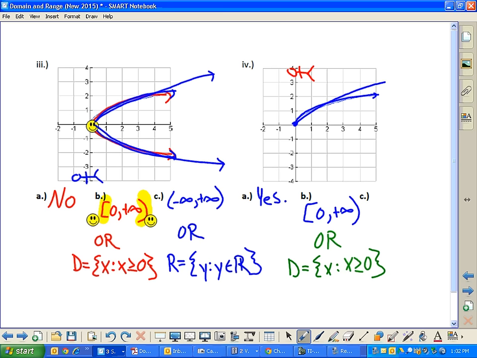So it goes from 0 to positive infinity there also. So I can write that in the same way. And if I wanted to write that in set notation, I would just say my range values are my y values, where y is greater than or equal to 0. Close my bracket out there.